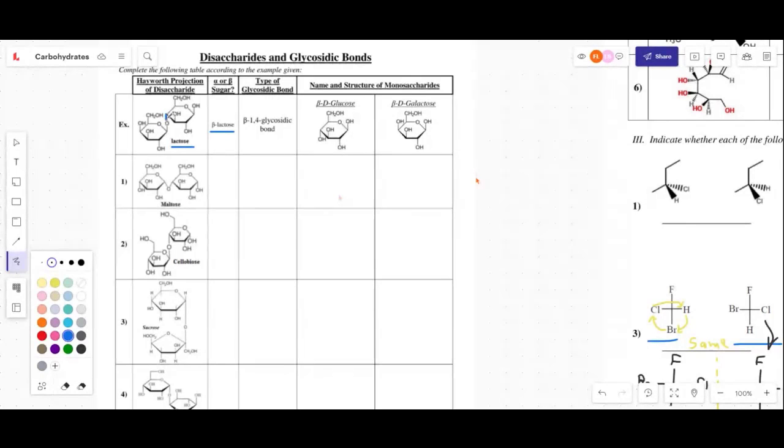So that would be this bond right here. This is the glycosidic bond right here. That's the bond connecting the two monosaccharides. Or one could even consider both of these as part of the glycosidic bond. So that is the bond connecting two monosaccharides.